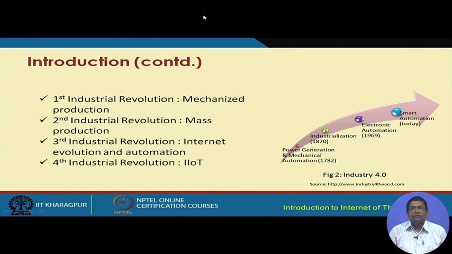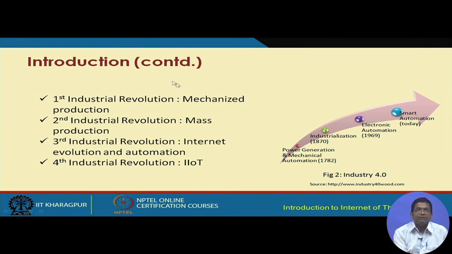In the third industrial revolution, internet and automation featured in manufacturing, and at present we have the fourth industrial revolution, which incorporates IIoT. So, IIoT is featured as part of the fourth industrial revolution.